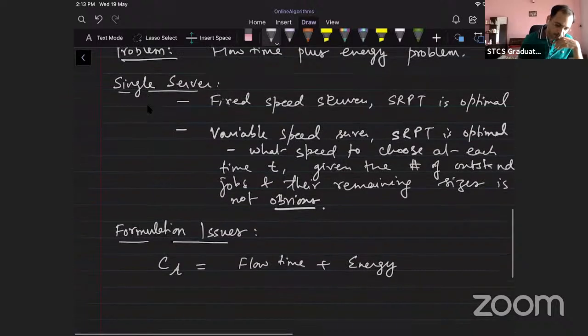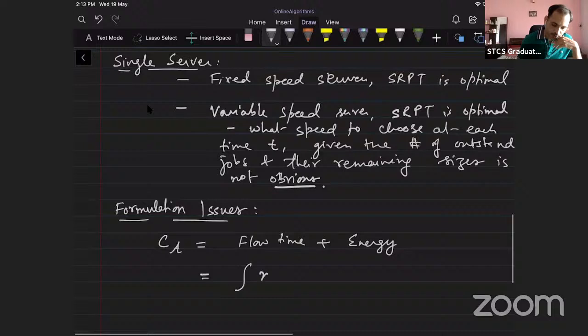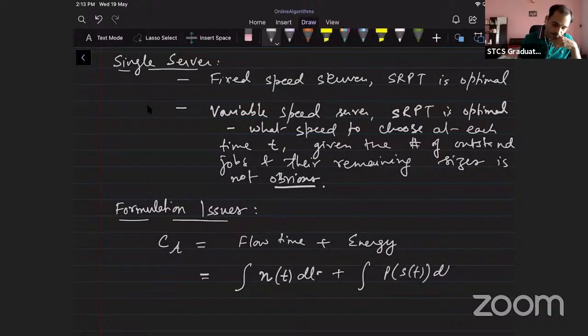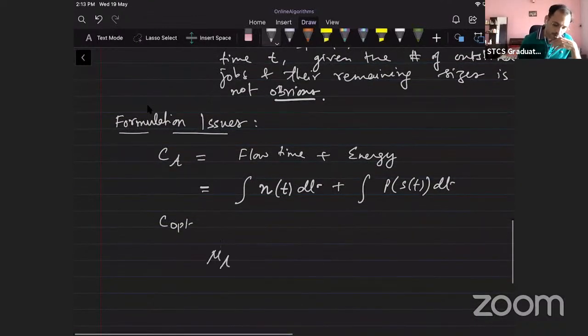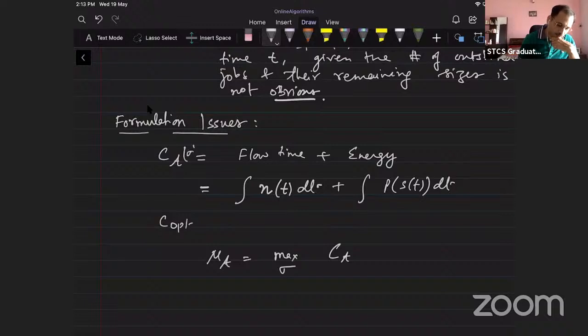In terms of our variables, this is the integral of n of t, where n of t is the number of outstanding jobs at time t, plus the integral of p of s of t dt. This is the cost of an algorithm, and similarly the cost of OPT. And mu A is going to be the max over the input sigma of the cost of A on sigma over the cost of OPT on sigma.